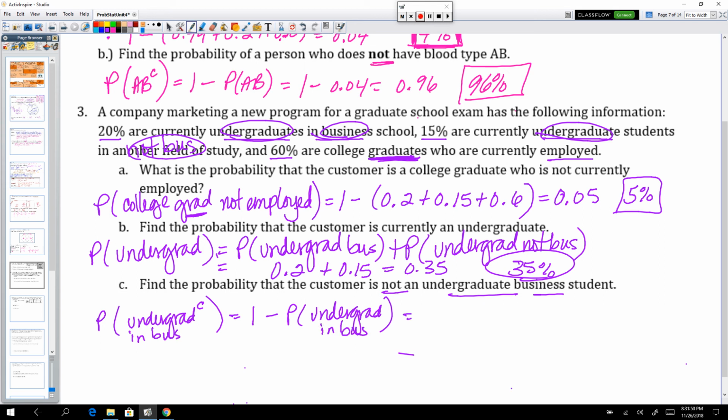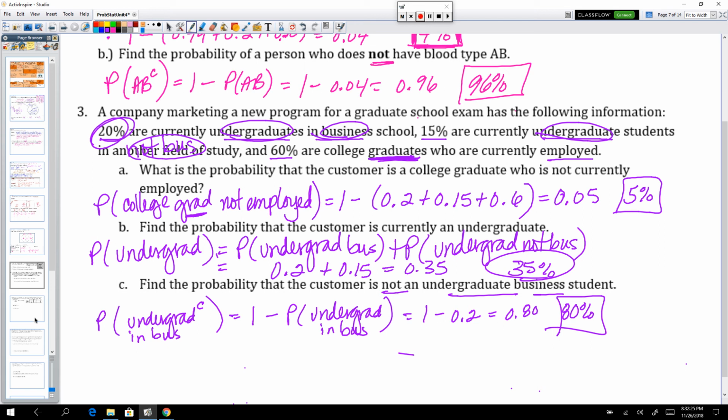And so we know that the probability of undergrads in business is 20%. So 1 minus 0.2 gets us 80% of these customers are not undergraduate business students, using our complement rule. Okay. Again, pause and go back. Definitely the wording of this problem is what needed to be broken down the most, and understanding all the different categories of what we're looking at.